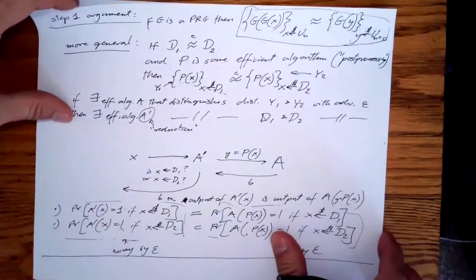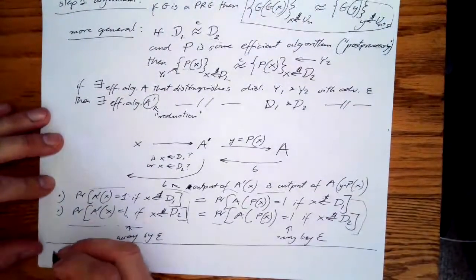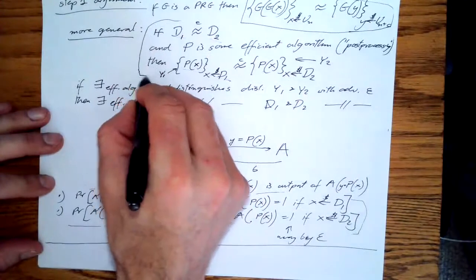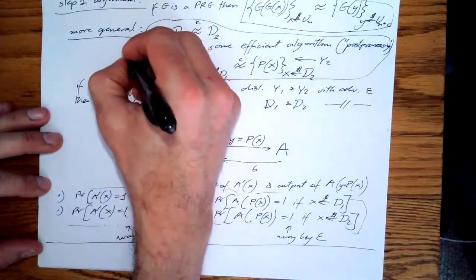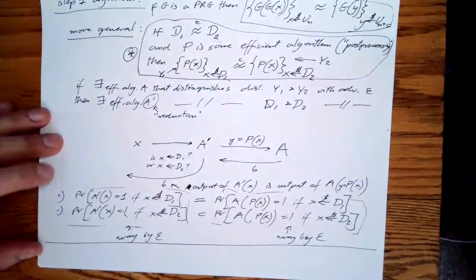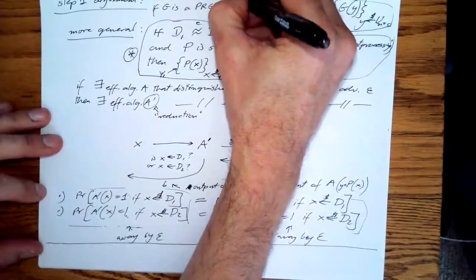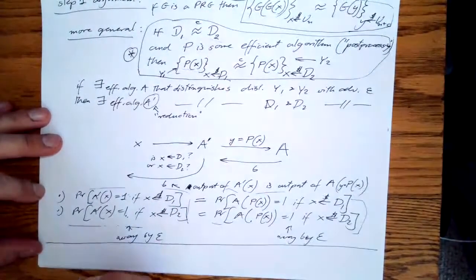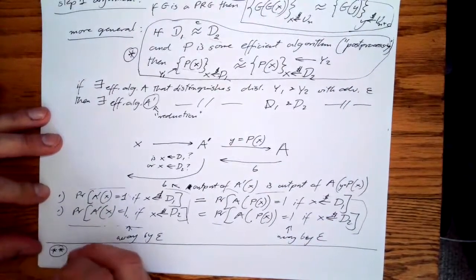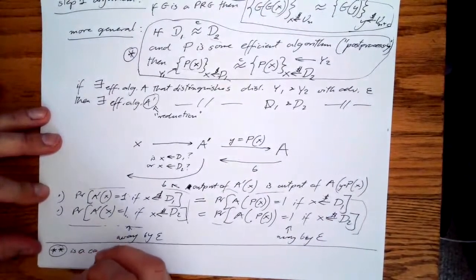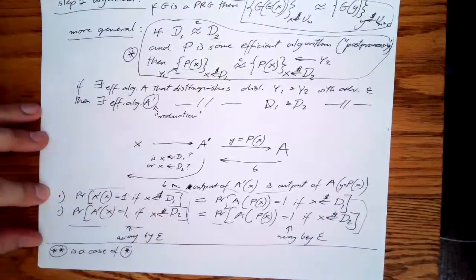Well, the general claim I will mark with a star, and the specific thing that we want I'll mark with a double star. And the double star is a case of the single star thing.